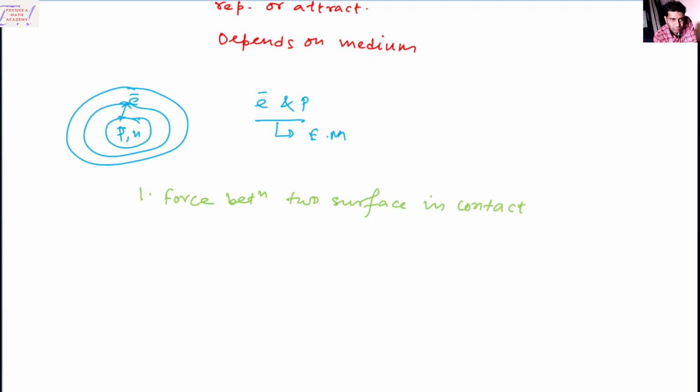How can you understand that electromagnetic force is acting here? If you place a book on a table, you know the force exerted by the book on the table is vertically downward, and the force exerted by the table on the book is vertically upward.